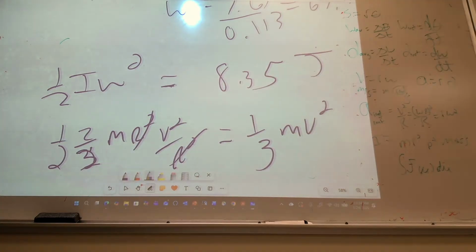You can work with the equation to simplify it, but in this case, it's easier just to plug in your R's. So you have your hollow cylinder 1/2 m times r1 squared plus r2 squared. They gave you the m, they gave you the r. So why don't you start by getting the inertia of this object? Be sure to put that into meters.